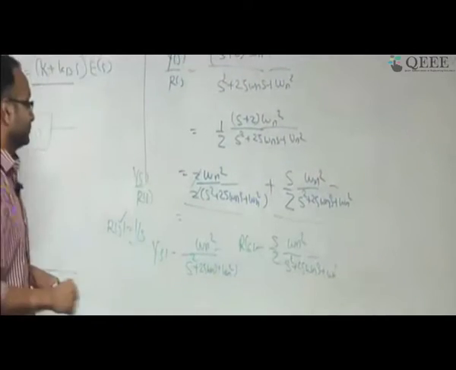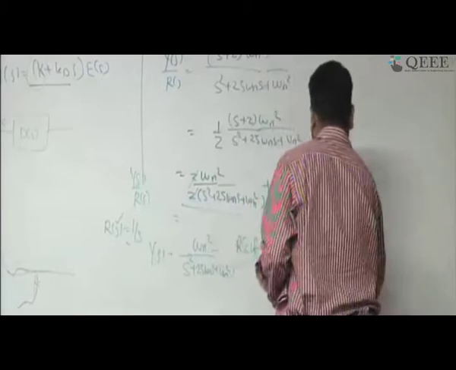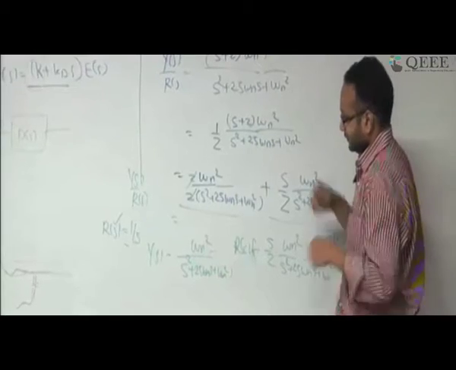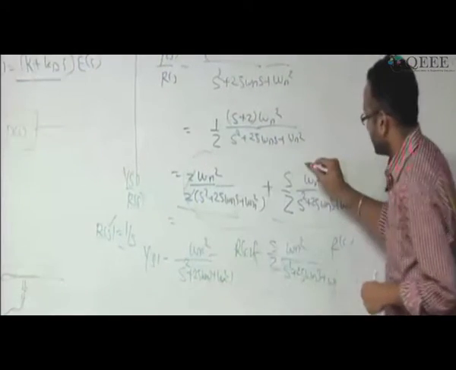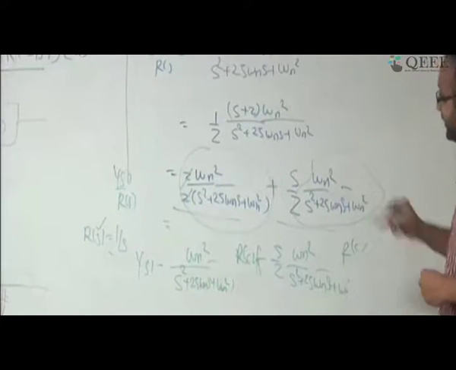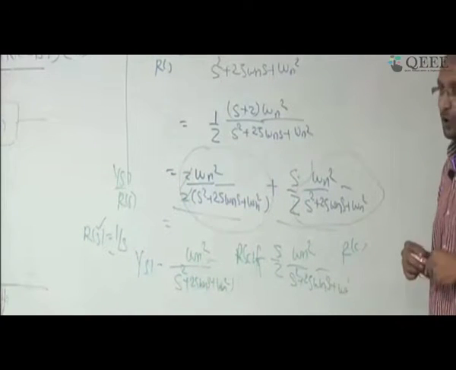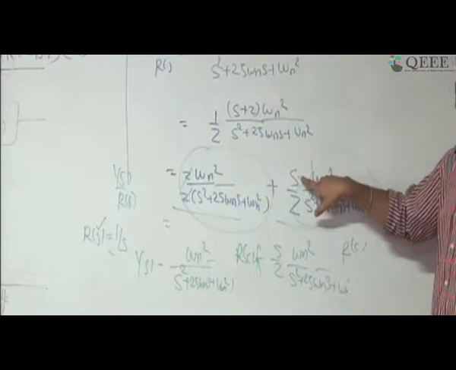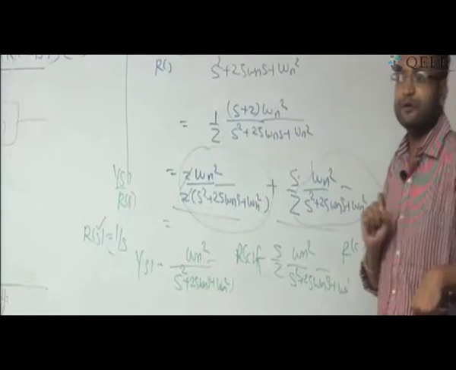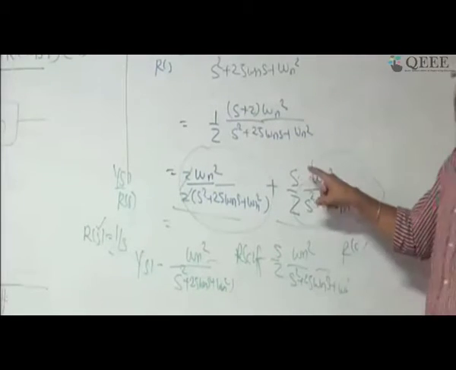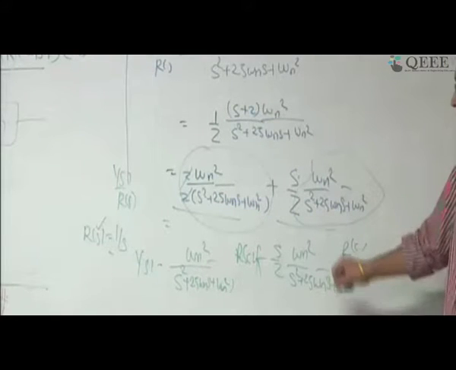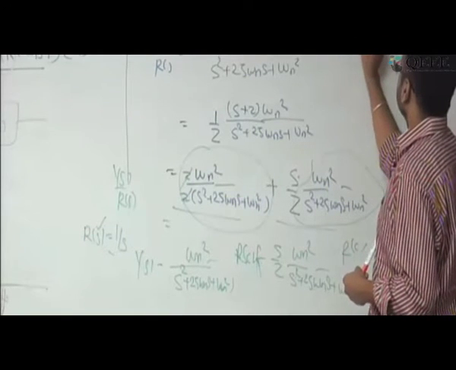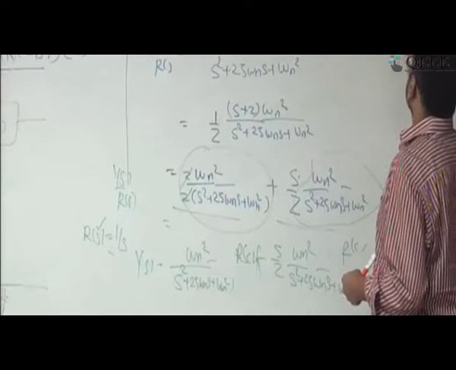Now one interesting thing one has to look at: in this term there is a multiplication of s, and from the fundamentals of the Laplace transform, multiplying by s is equivalent to a derivative in the time domain, correct? So my response will have two terms, term 1 plus the derivative of term 1.